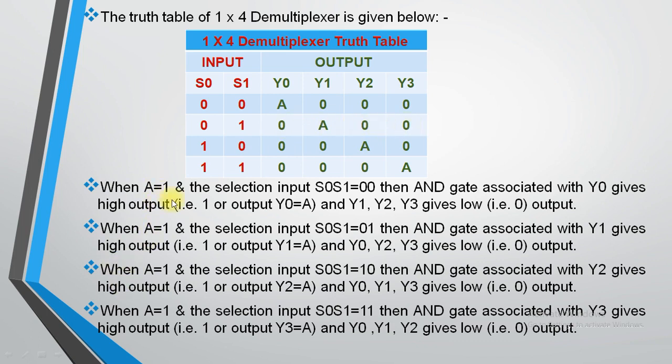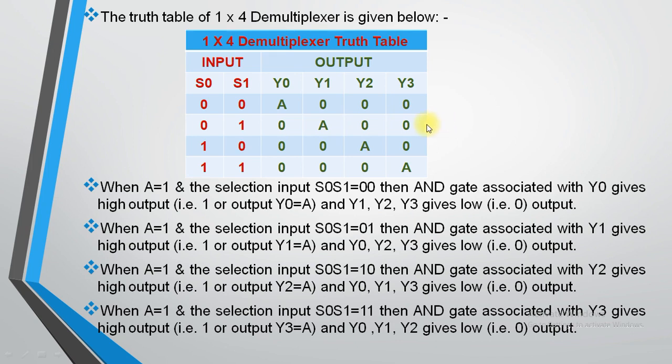Now from the above two points, you can easily write the next two points. Again you need to write that when A equals 1. Remember that if A is not equal to 1, at that time the line is not activated. So this is the must situation: if A equals 1, then only the particular output will be generated.